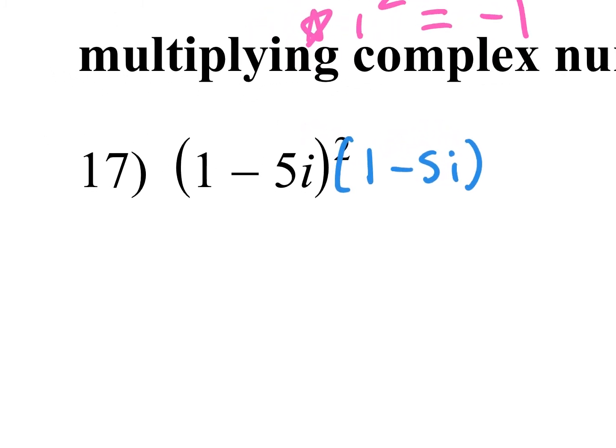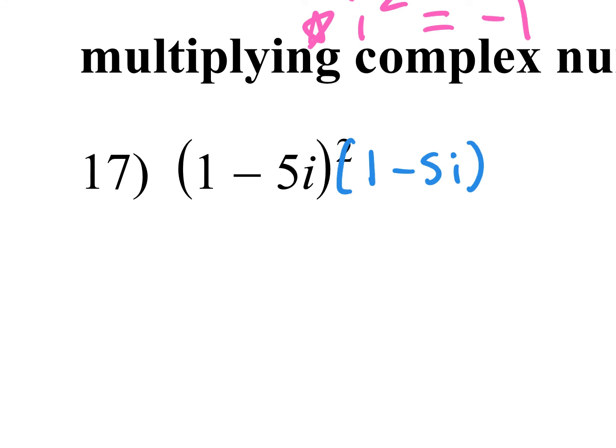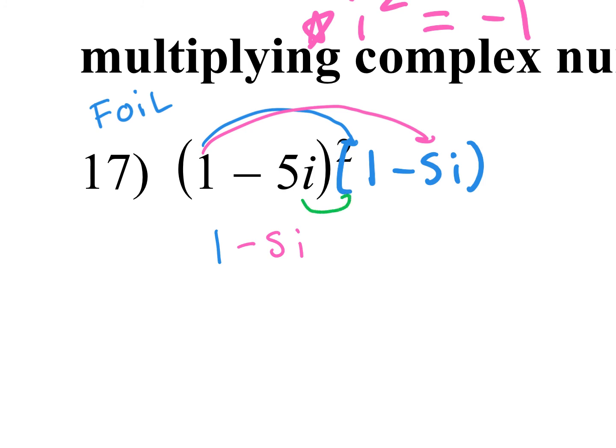Now what do I have to do? How do I multiply these? What's it called? FOIL. I have to FOIL. So multiply the first. 1 times 1, which is 1. What are the outsides? What's 1 times negative 5i? Perfect. Negative 5i. What are the insides? So it's negative 5i times 1.